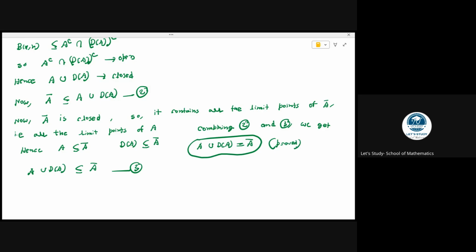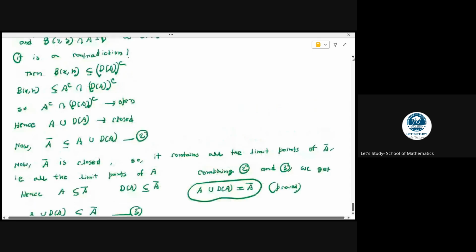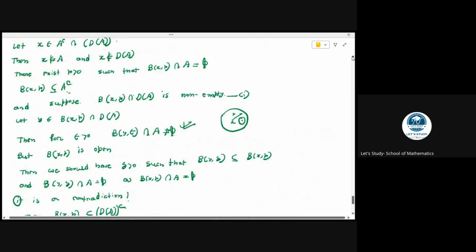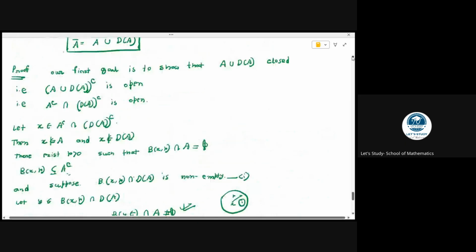Is the proof clear to everyone? It was a bit long proof. If you have any doubt, you can say. So first we have to prove that this is a closed set, and for that we use that its complement is open. Then we take an arbitrary point inside it, and show that there exists an r greater than 0 such that the ball lies inside the intersection.